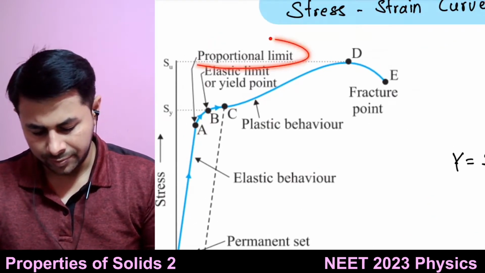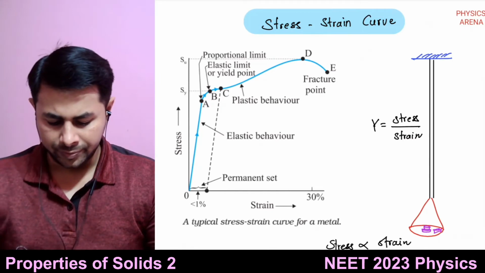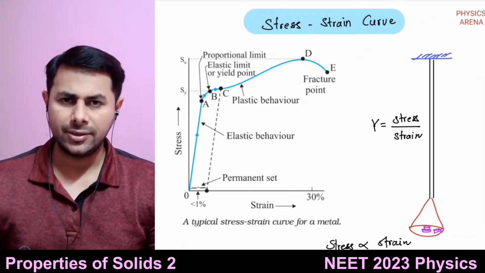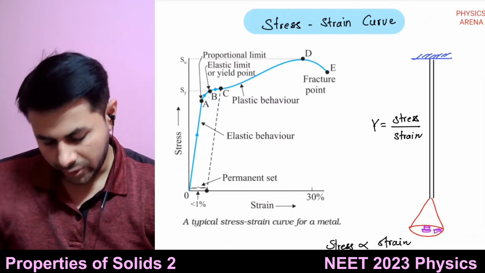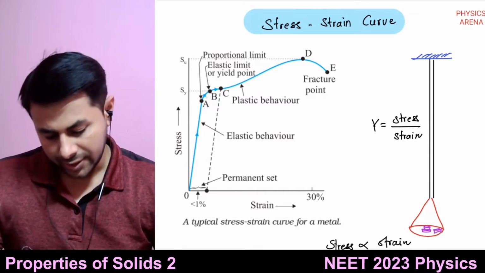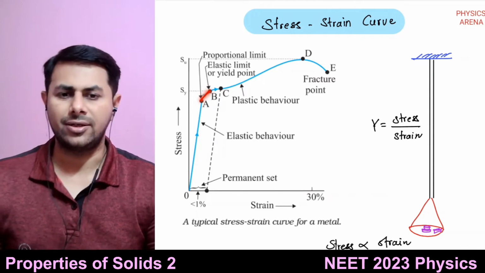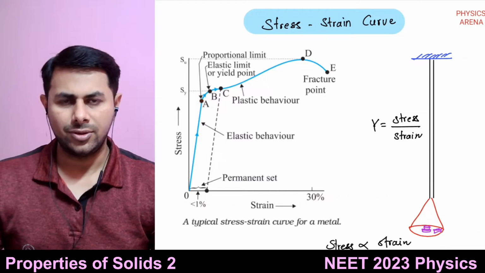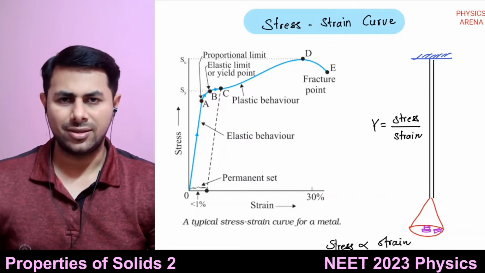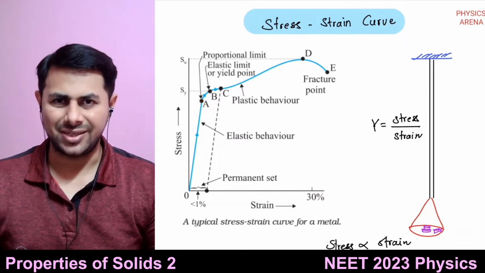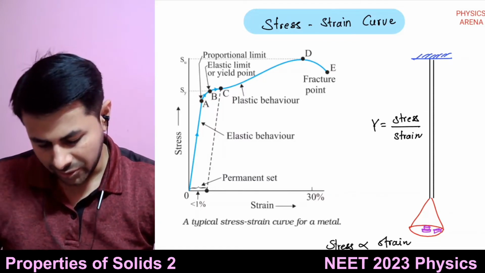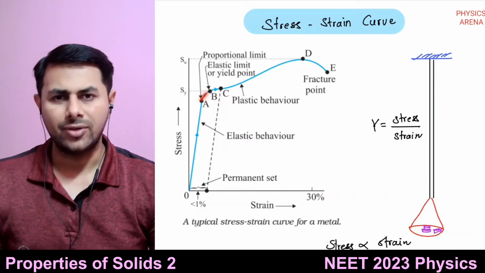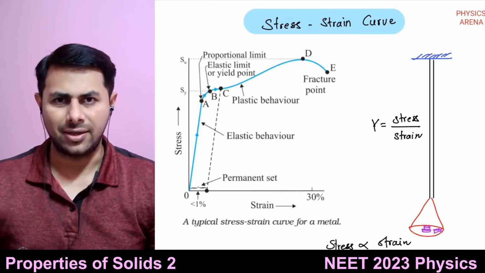After point A, what happens? Now, for a little increment in stress, there is more increment in strain. Till the point A, you needed more stress for a little increment in strain. Comparatively, now you need lesser stress for the same amount of increment in strain.